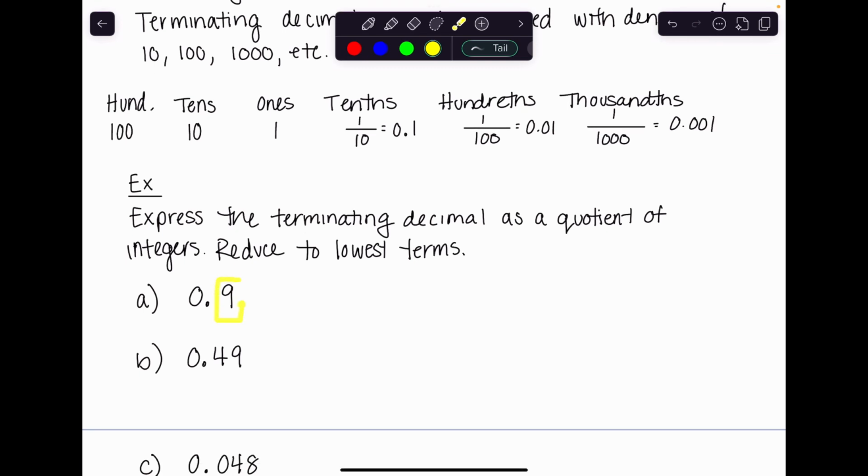So if I look here, I go to a single decimal place, and if I match that up, that deals with the 10 spots. So all I'm going to do is take the digits I see, and I'll divide it by 10. So my digit in this case is 9. So I do 9 divided by 10, okay?